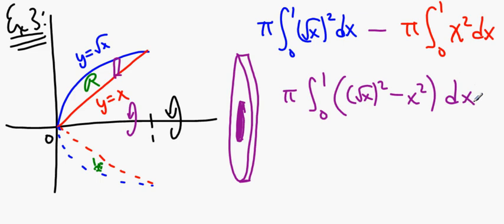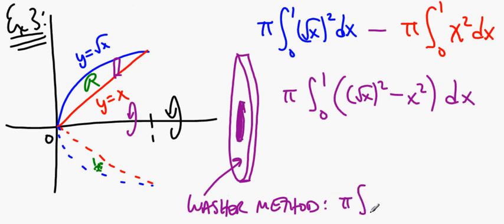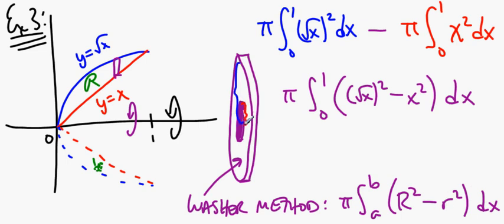So the general principle when we're dealing with what are called washers, this is the washer method, is that we do pi times an integral from a to b of a big radius squared minus a little radius squared dx, where big R is this big radius and little r is this small radius.